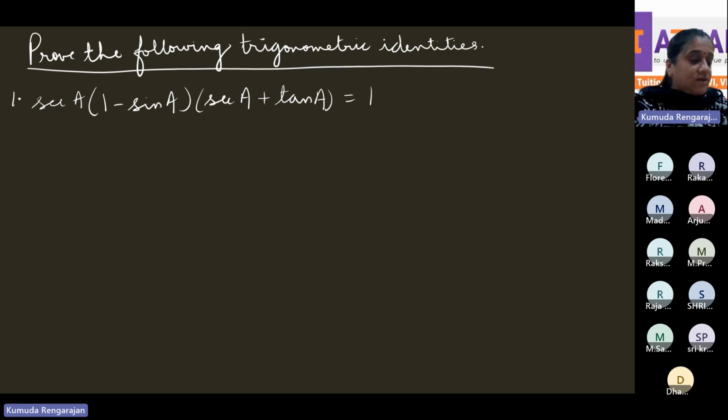Secant A into 1 minus sin A into secant A plus tan A is equal to 1.